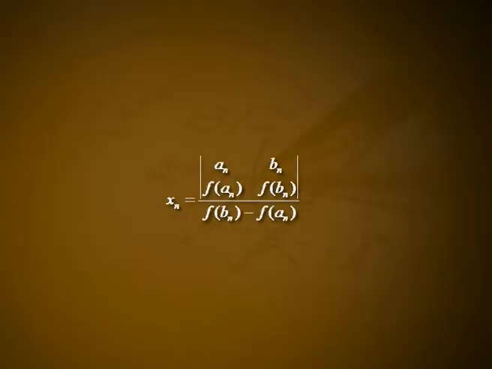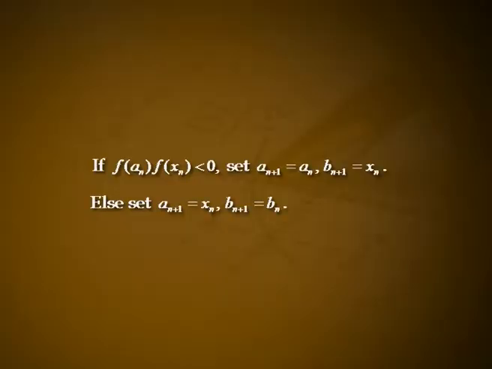Algorithm for the method of false position. Given a function f(x) continuous on an interval [a0, b0] and satisfying f(a0) times f(b0) less than 0, for n equal to 0, 1, 2, etc., until termination, compute xn equal to the determinant of an, bn, f(an), f(bn) divided by f(bn) minus f(an). If f(xn) equals 0, accept xn as a solution and stop, else continue.